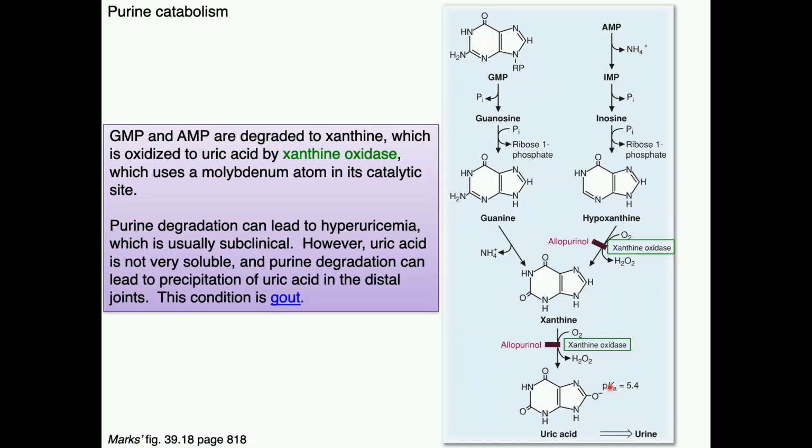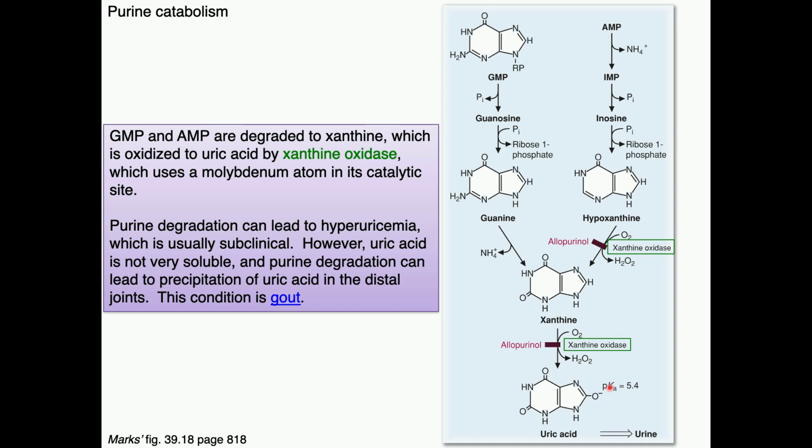So, nucleotide metabolism: we generally try to not do nucleotide catabolism and break them down and urinate them out, because we can recycle them, and that can save us the energy of synthesizing them.